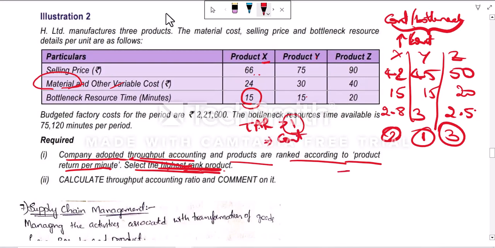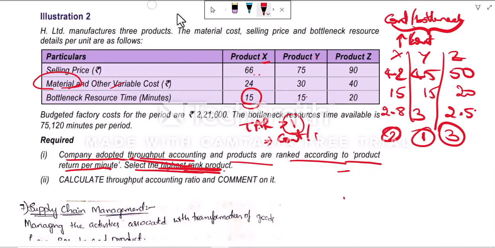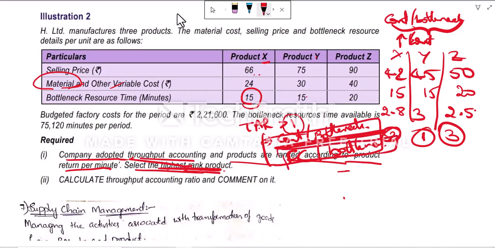Contribution per bottleneck divided by factory cost per bottleneck. First, we need to find the factory cost per bottleneck.